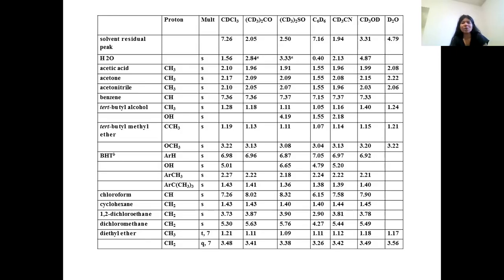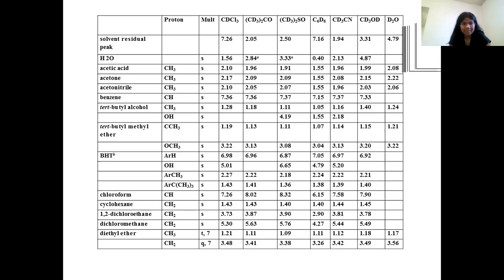Now I am going to show you a series of tables. These tables I have taken from a Journal of Organic Chemistry paper, where they have precisely discussed the impurity peaks and the solvent peaks we usually see in a proton NMR or a 13C NMR.